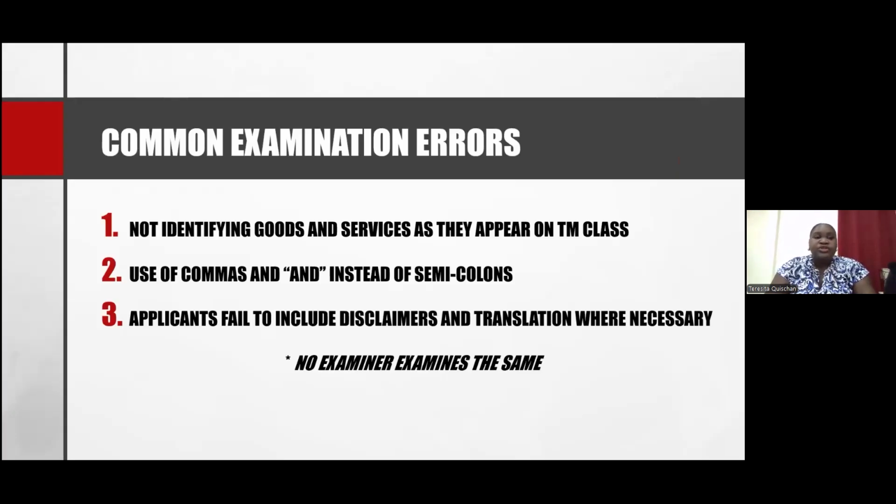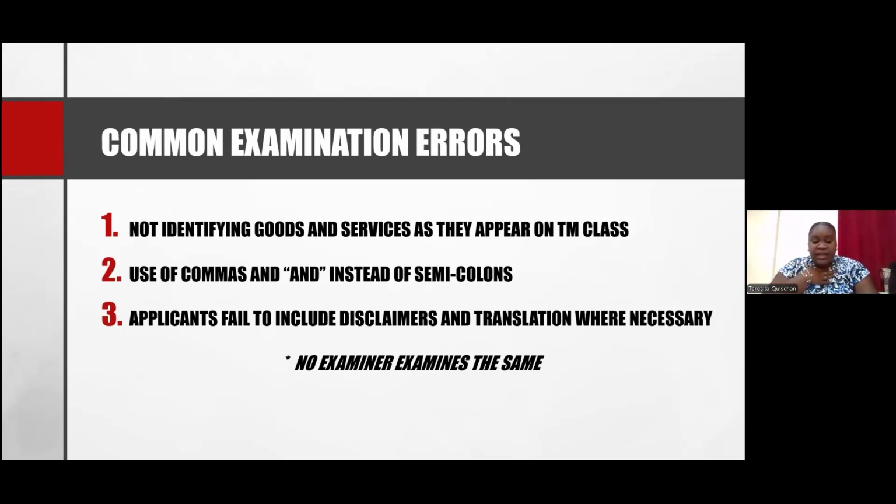Not identifying goods and services as they appear in TM Class. Applicants sometimes do not use the exact wording or classification of goods and services as provided in the TM Class system.